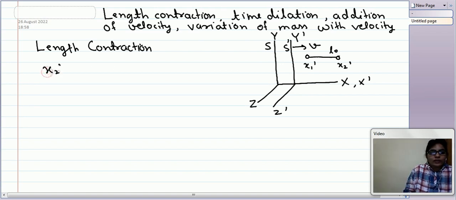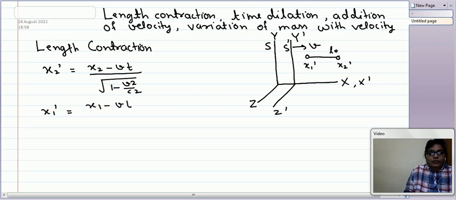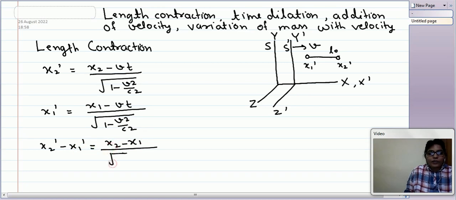So x2 dash is equal to x2 minus vt upon under root 1 minus v square by c square, and similarly x1 dash is equal to x1 minus vt upon under root 1 minus v square by c square. If we take the difference of the two, then x2 dash minus x1 dash will be x2 minus x1, divided by under root 1 minus v square by c square.